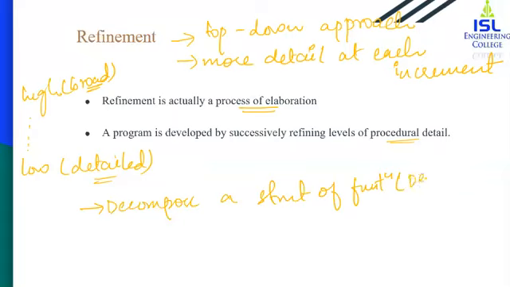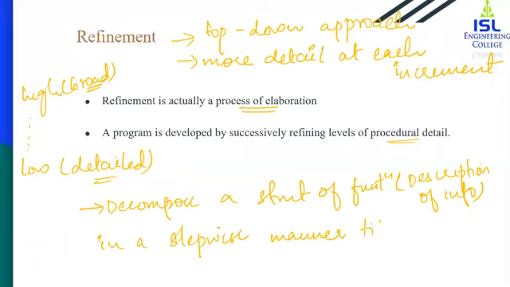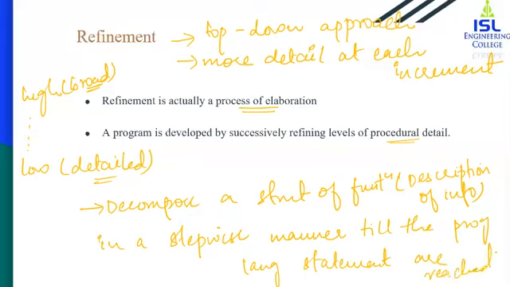The statement of function means the description of information. You're going to decompose a statement of function in a stepwise manner until the programming language statements are reached, that is, until you get the programming level statements that you are going to write in lines of code. Till then, you're going to decompose the statement. That is called refinement.